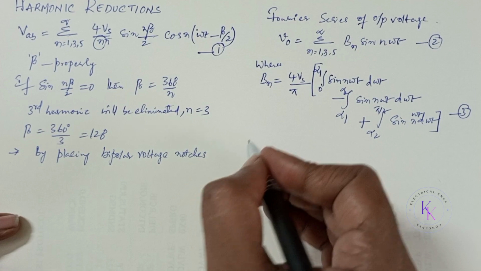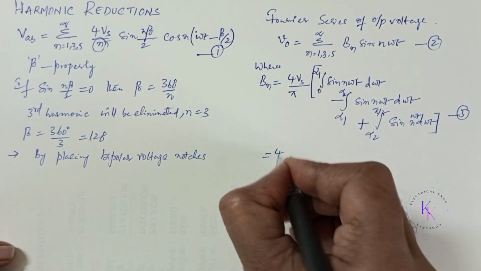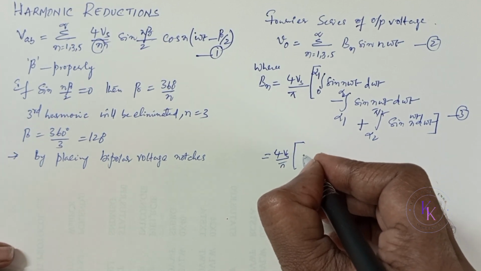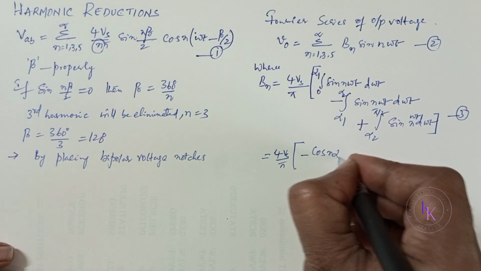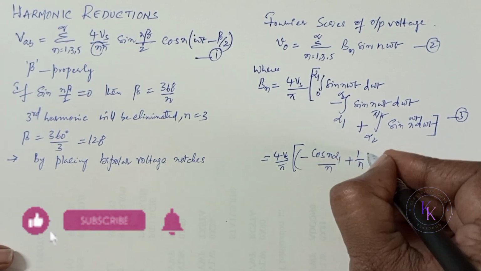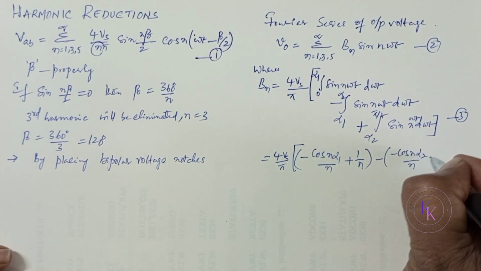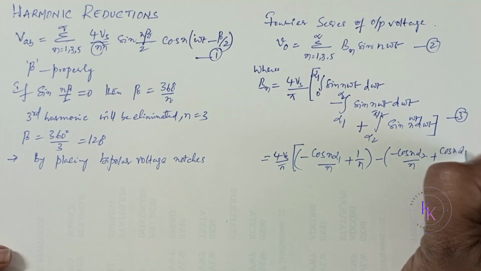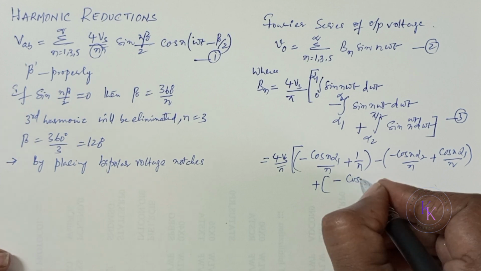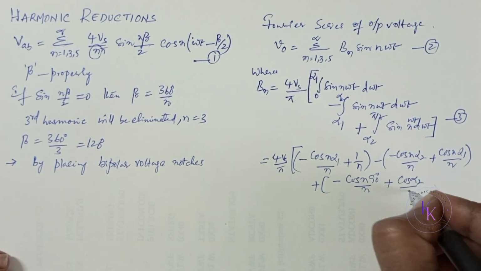Now, when you solve this by integration, you get 4 Vs by pi of, since the integral of sine is minus cos, minus cos n alpha 1 by n plus 1 by n, minus cos n alpha 2 by n plus cos n alpha 1 by n, plus minus cos n 90 degrees by n plus cos n alpha 2 by n.